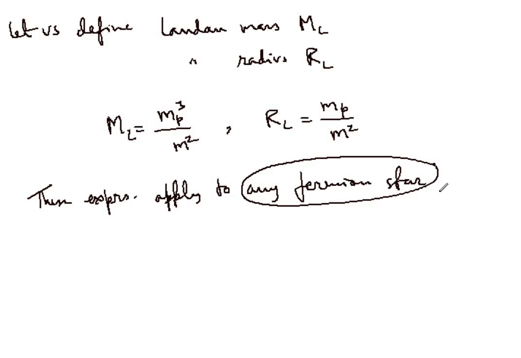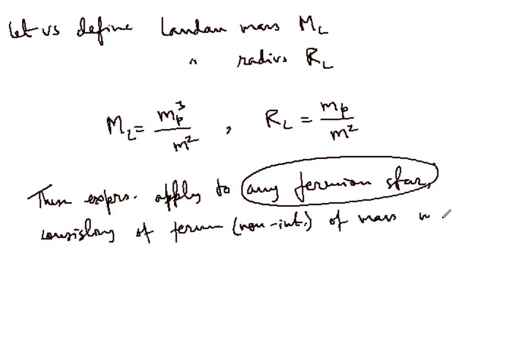Any fermion star, each consisting of non-interacting fermions of mass m. Right. Now let us consider a neutron star.